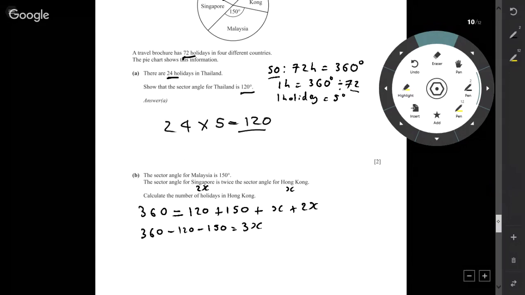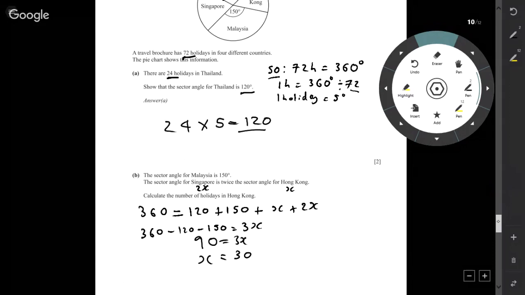So 360 equals all of these things added up, 120, 150, and the x's. Moving those over, just to make it a little bit more simple, that becomes 90 equals 3x. So x equals 30 as we take that 3 underneath and divide.